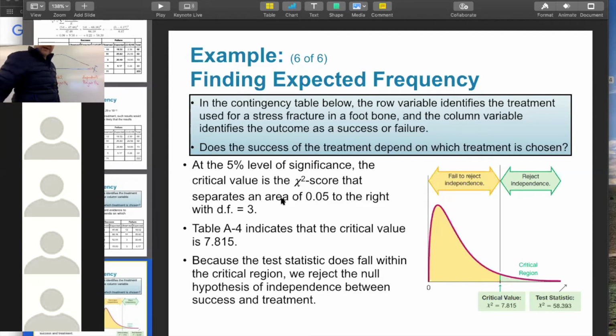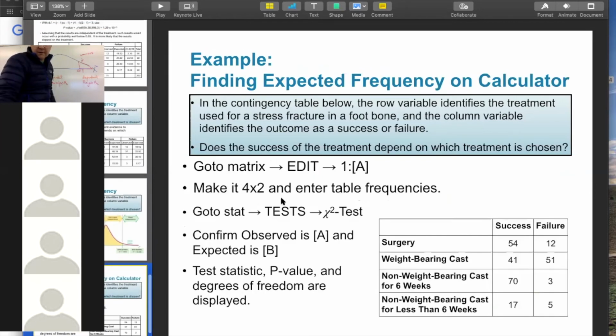And the way we do that is we require that the area is 0.05. The critical value is the value of chi-square that would cut off that much area.